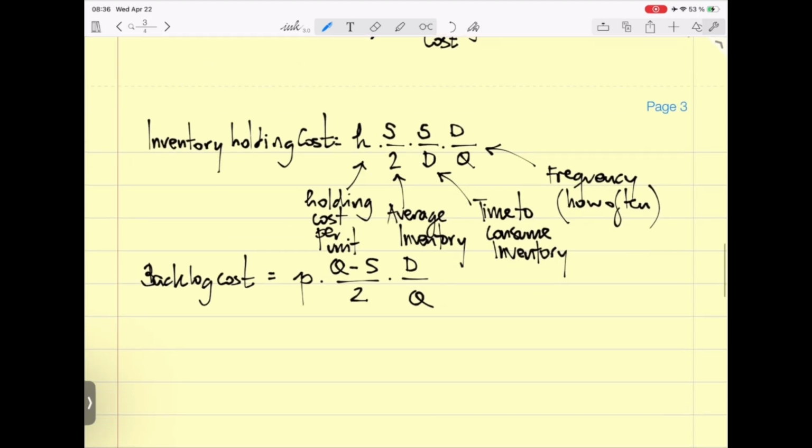I repeat, P is the backlog cost per unit, times the average backlog, times the frequency, how often.